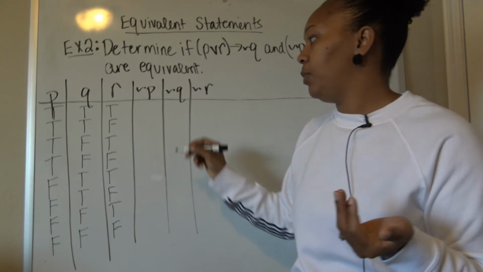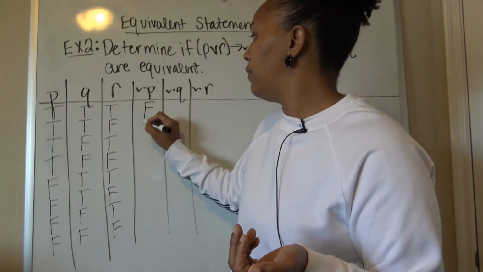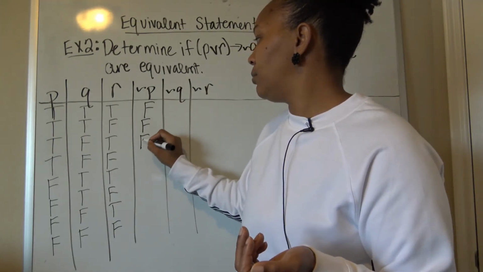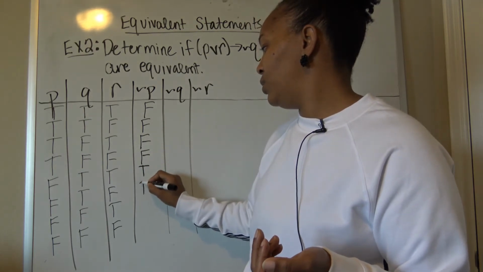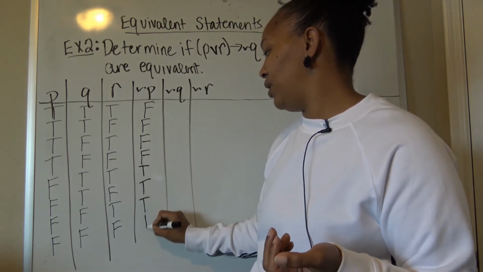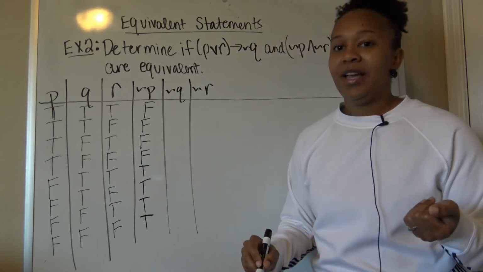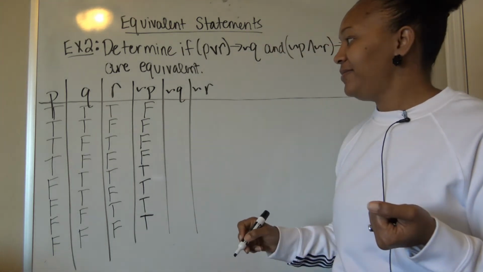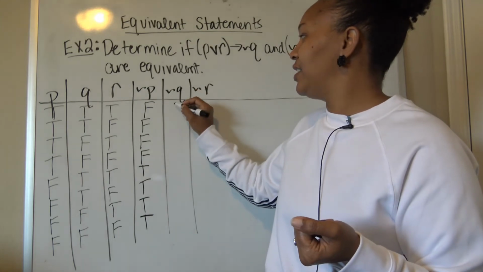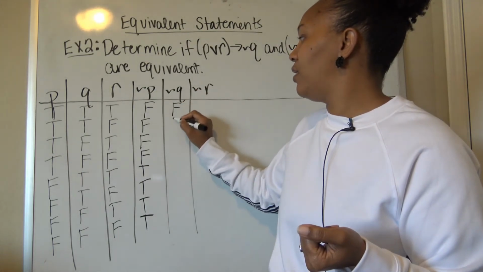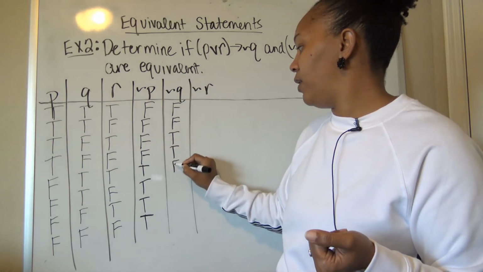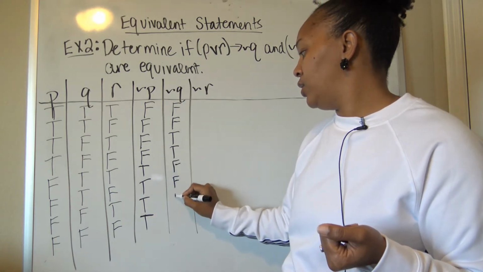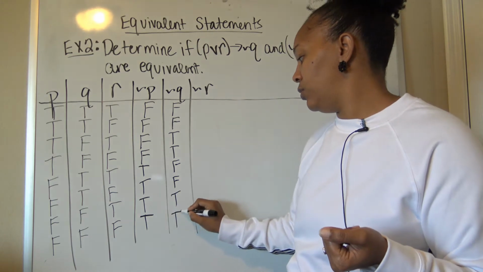So the negation of P would be false, false, false, false, true, true, true, and true. Then the negation of Q would be false, false, true, true, false, false, true, true.